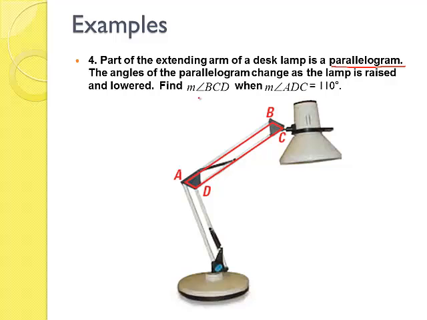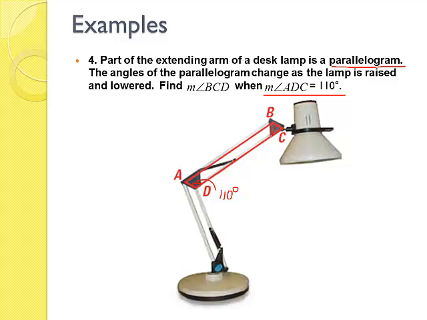It's asking you to find the measure of angle BCD when we know that ADC is 110 degrees. So I'm going to label ADC's angle. ADC is this angle right here, that's 110 degrees. We're trying to find BCD, which is this angle right here.